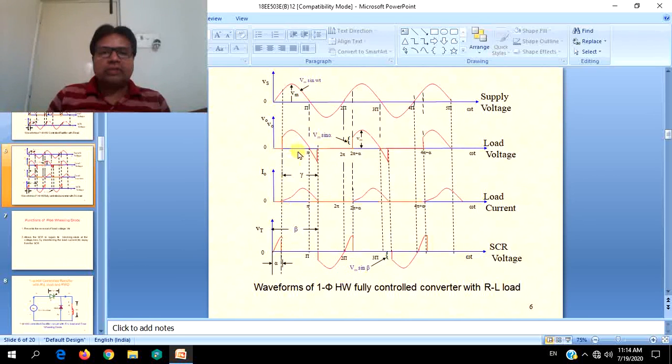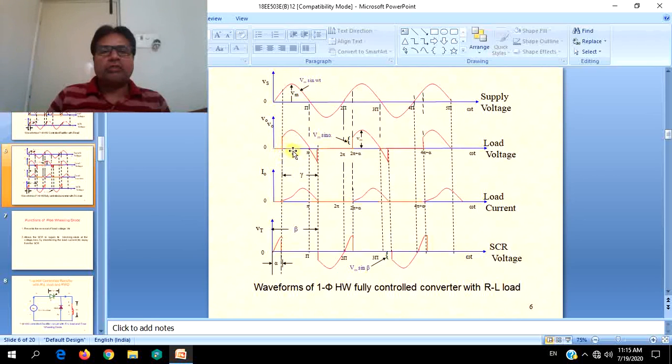But the actual difference lies in the load voltage and load current waveforms. As we know, the nature of the inductance is to oppose the change in current. Now we will go through both these waveforms once again. At alpha, the SCR is triggered, so the source voltage will be available across the load as it is.